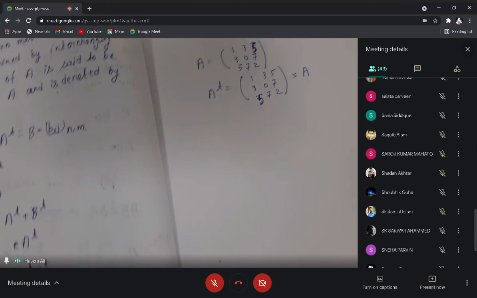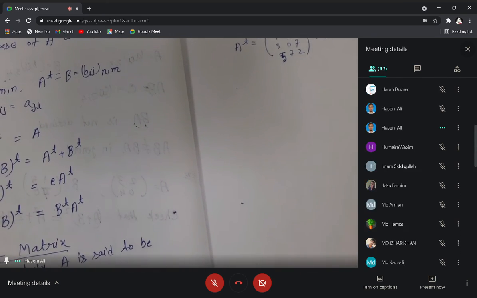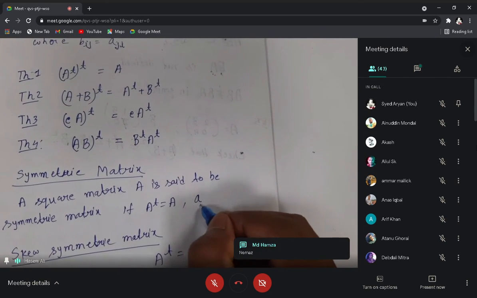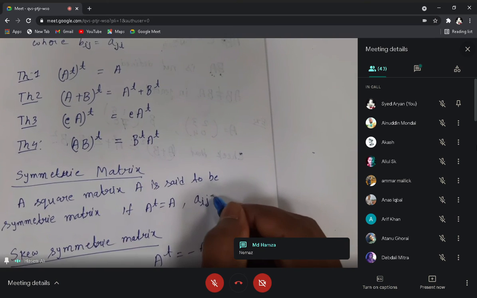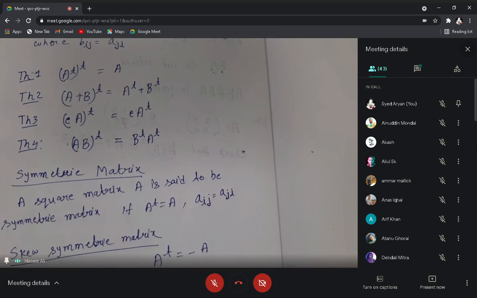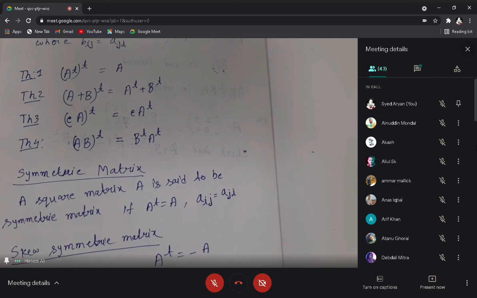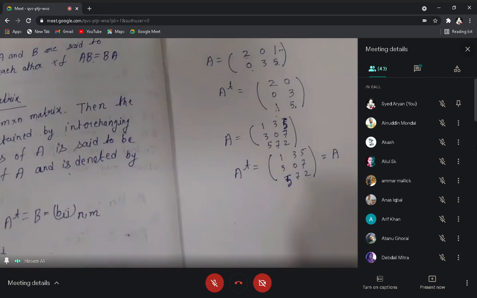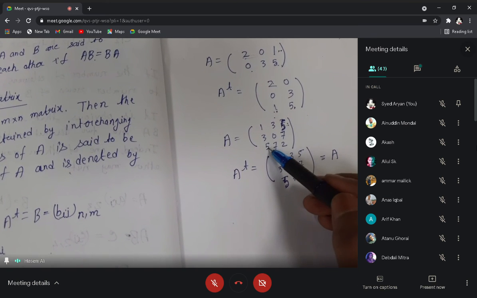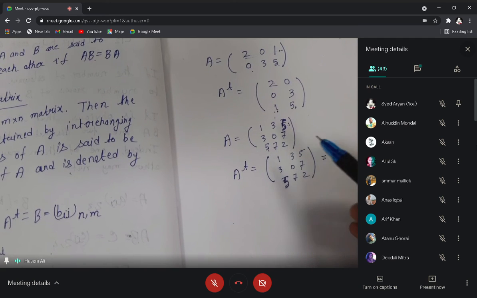Here, see this definition. A transpose equals A, and in notation, Aij equals Aji. That means these two elements must be equal in order to be a symmetric matrix.